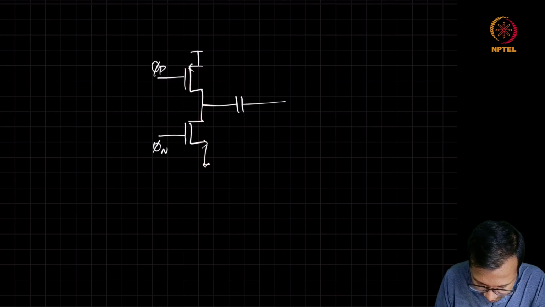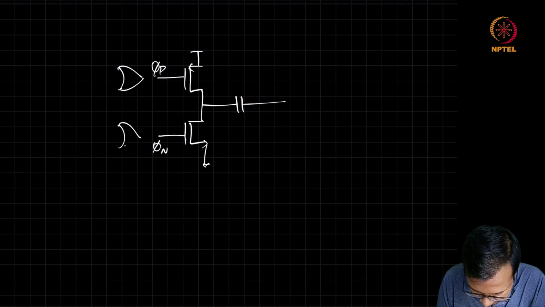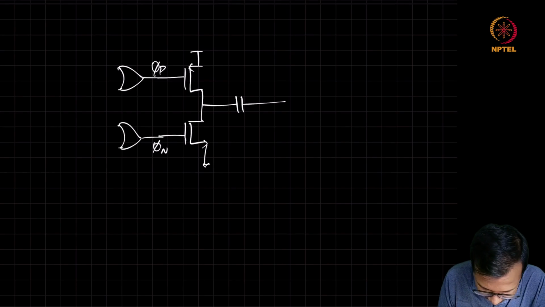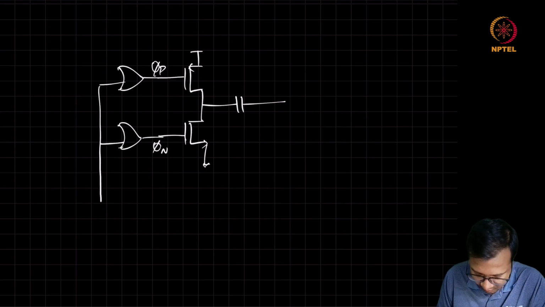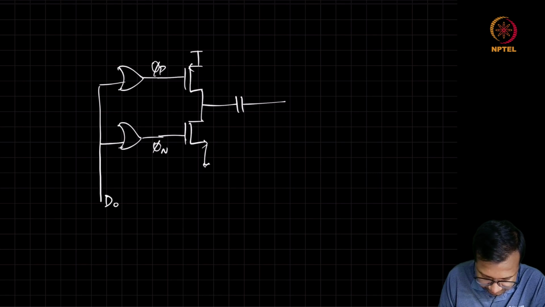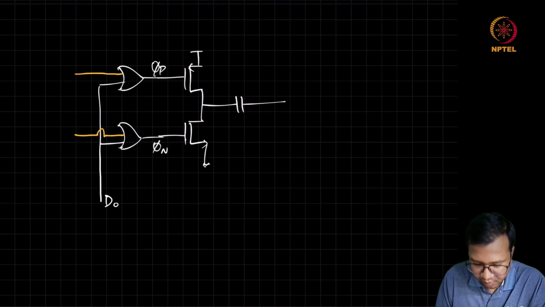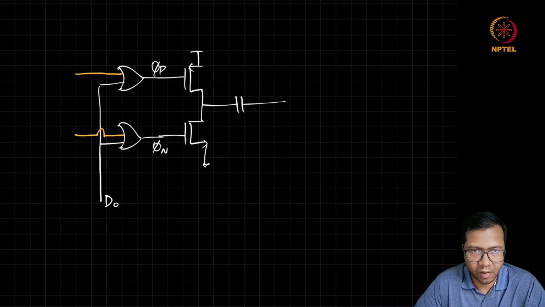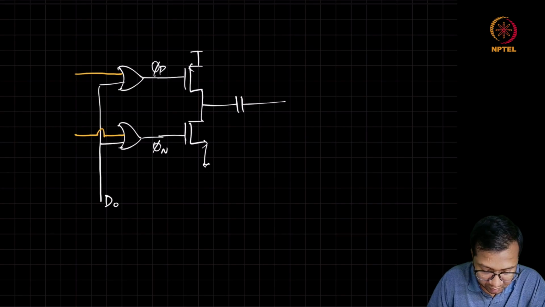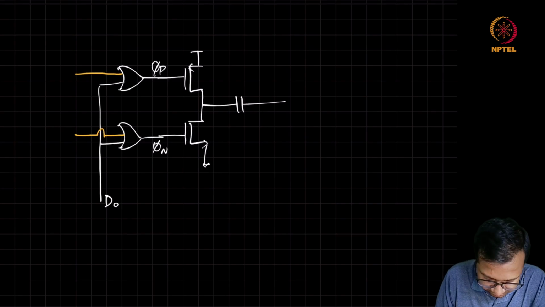This can be achieved by adding an OR gate, and we can have a digital input to control the switching of this PMOS and NMOS. Let's call it D0, whereas the non-overlapping clocks can be the other input to this OR gate.